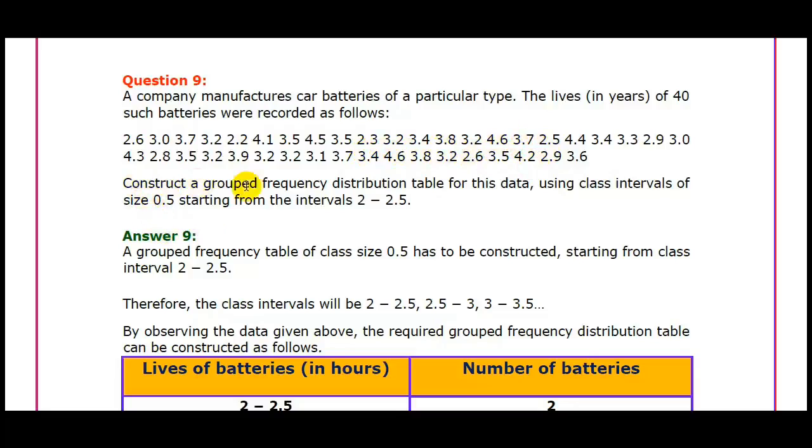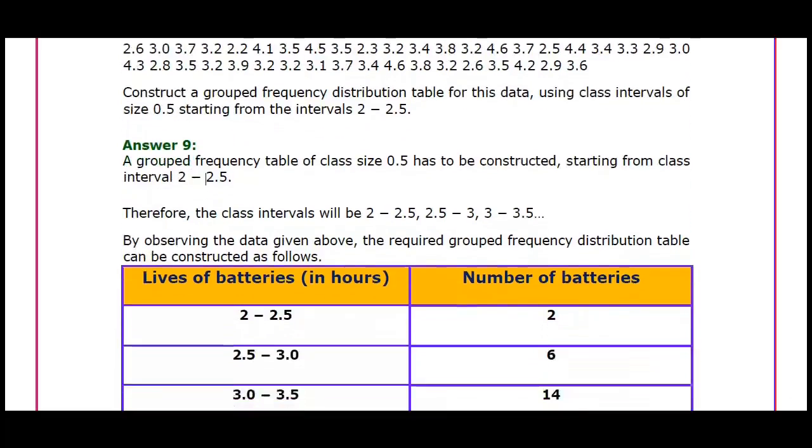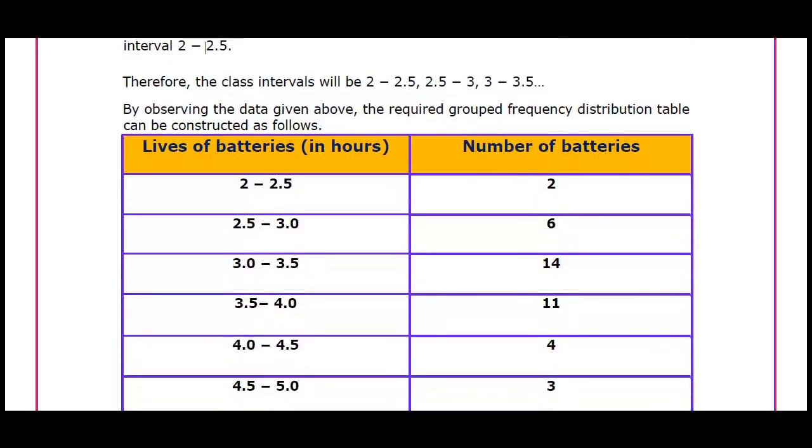And you are asked to construct a group frequency distribution table for this data using class intervals of size 0.5, starting from the interval 2 to 2.5. So you can construct your group frequency distribution table by making two columns.